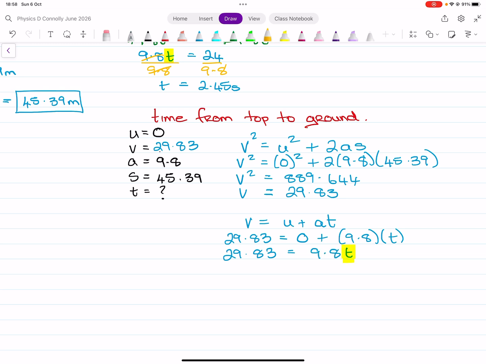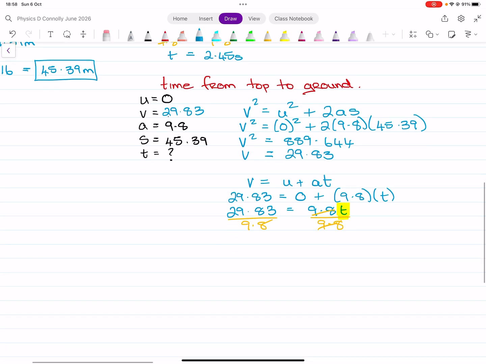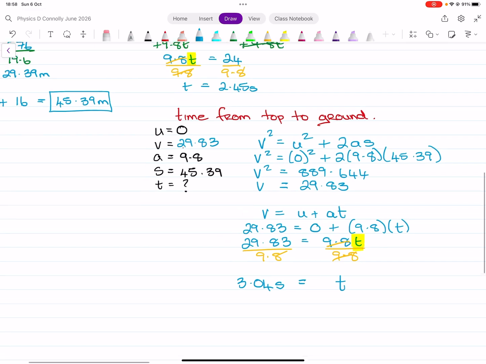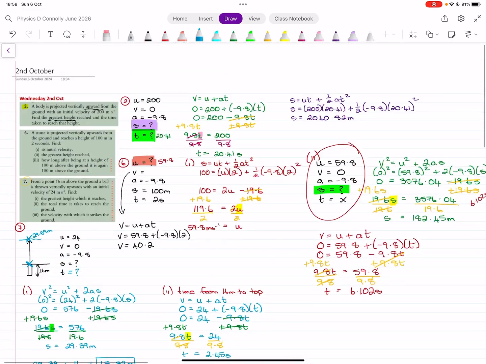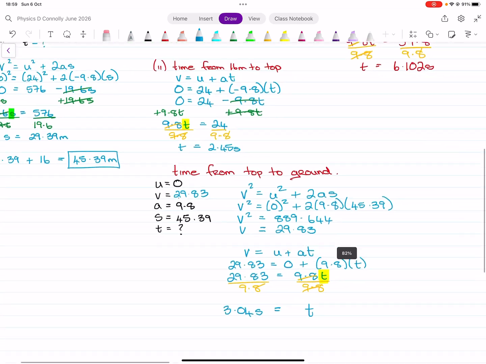And then we're going to divide by 9.8, divide by 9.8. So T is 29.83 divided by 9.8 is 3.04 seconds.